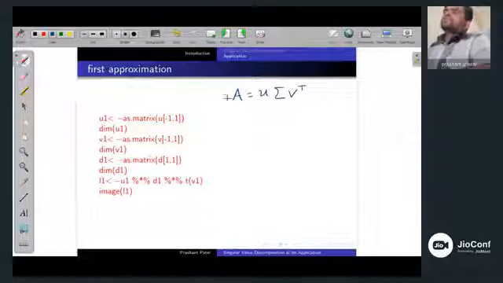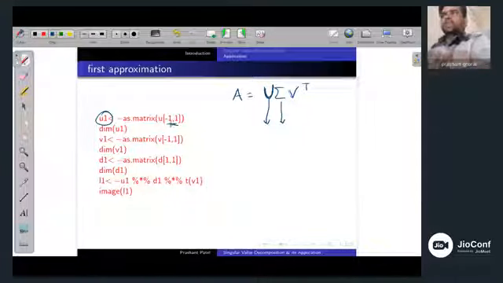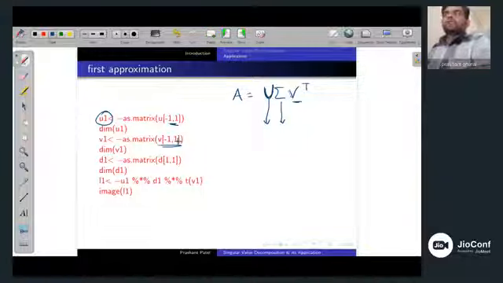So we have A equals U sigma V transpose. I'm taking just the first column of U, that is U[, 1], the first column of V, that is V[, 1], so it is only one column.